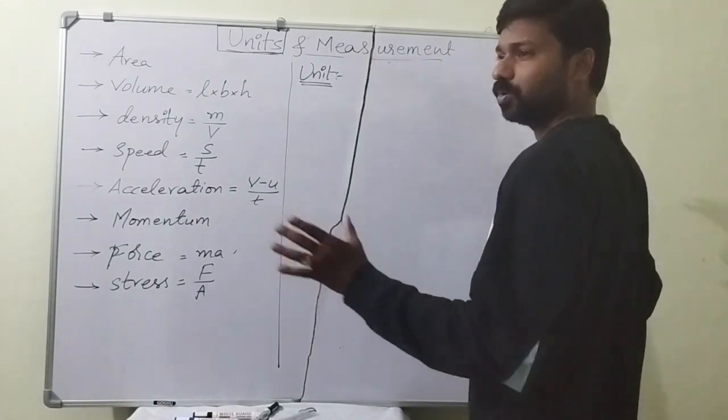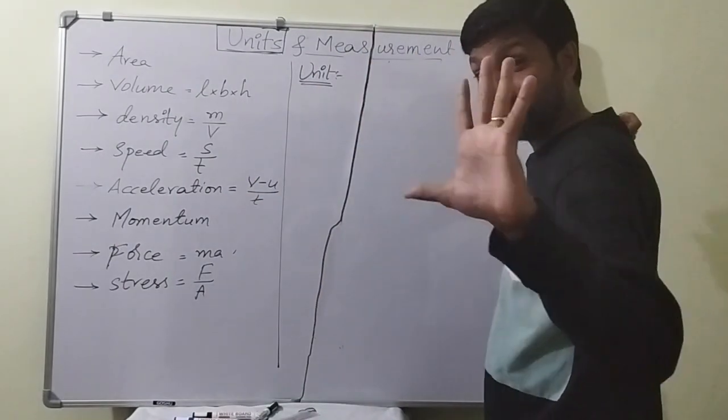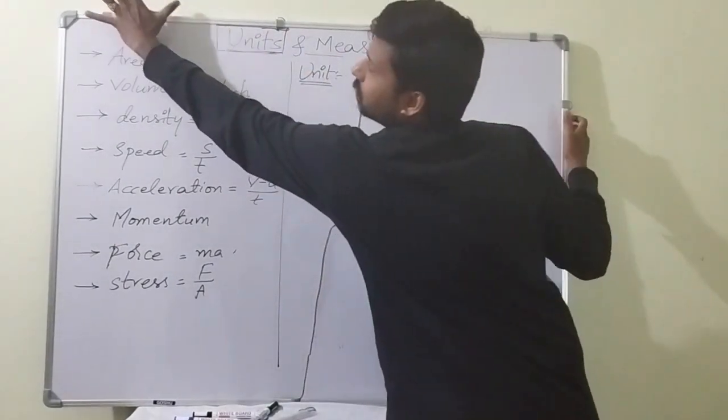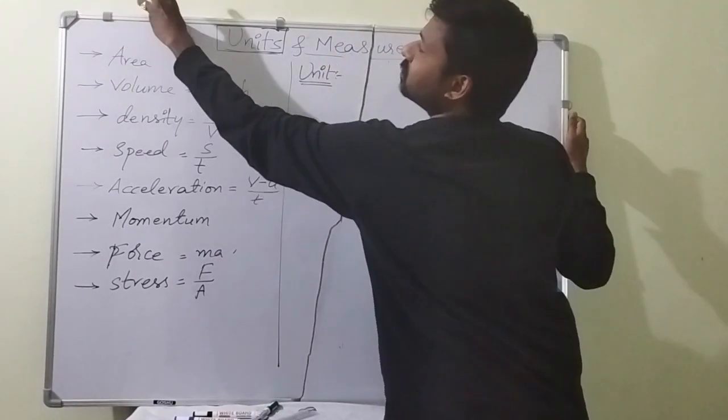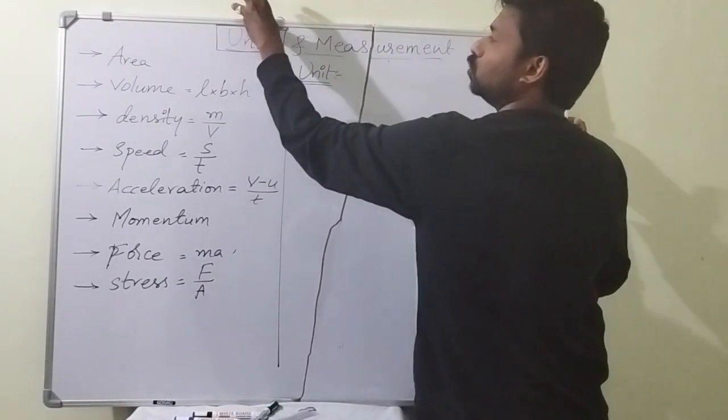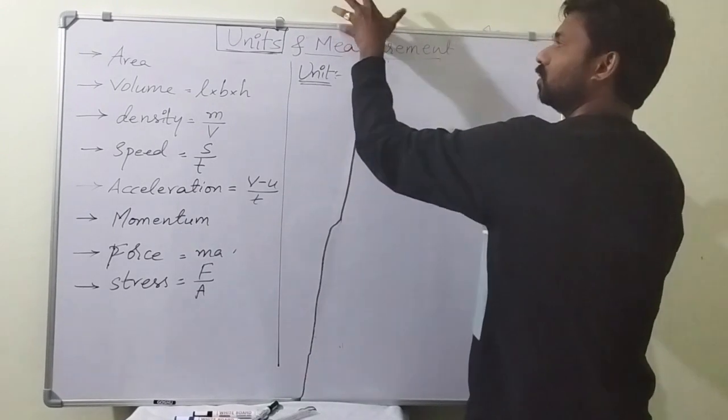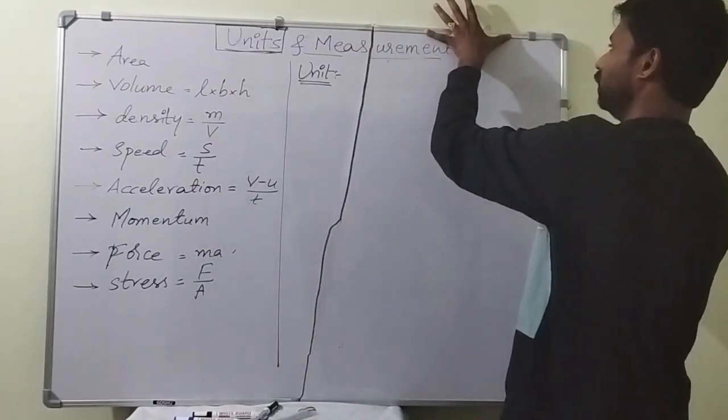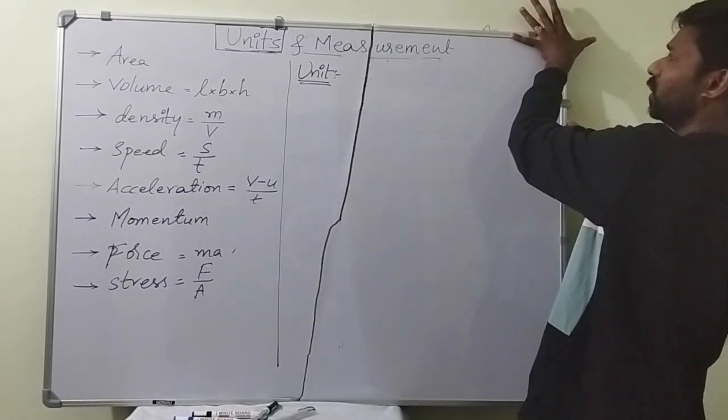For example, look at this. This is the hand. From this to this: 1, 2, 3, 4, 5, and something like 5.6.